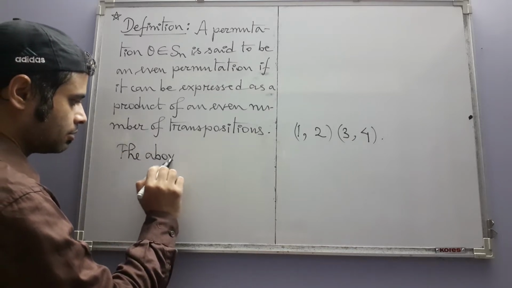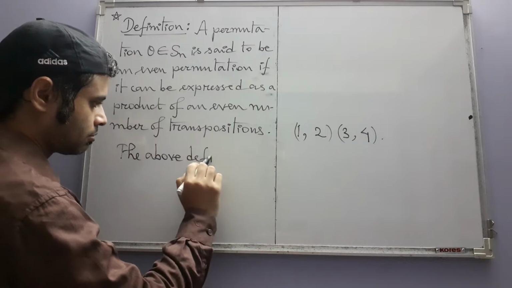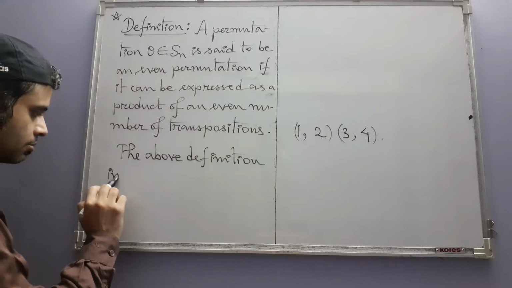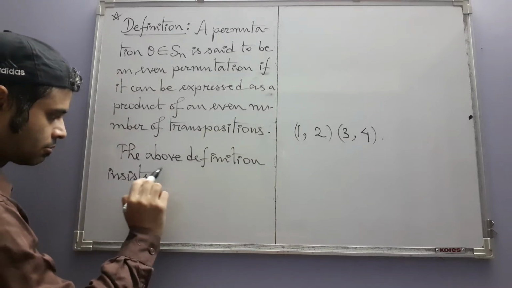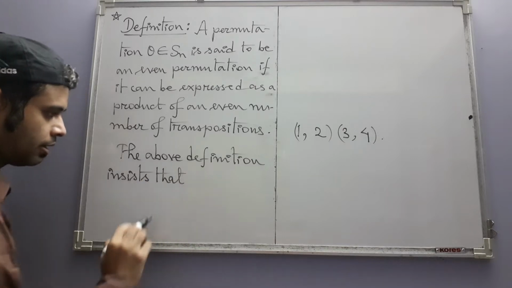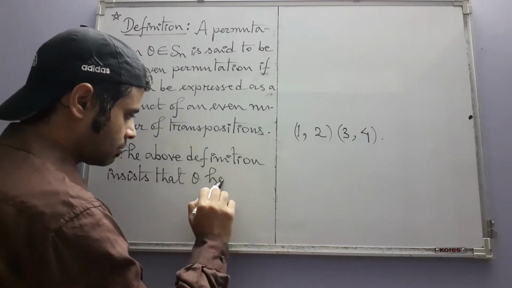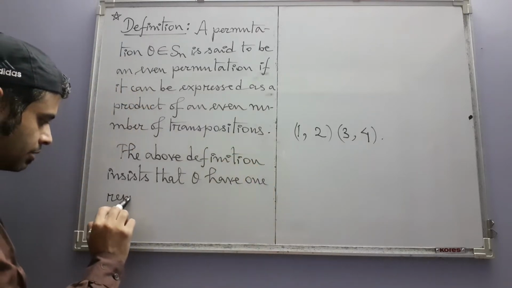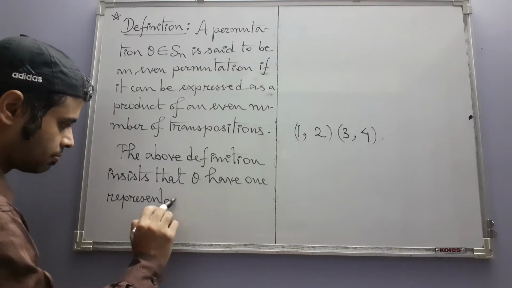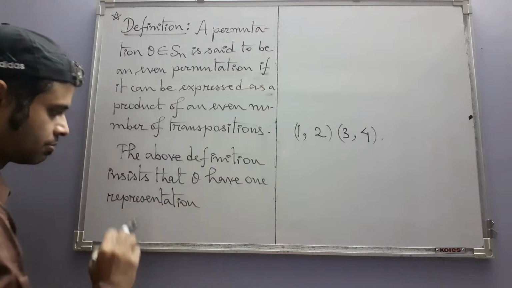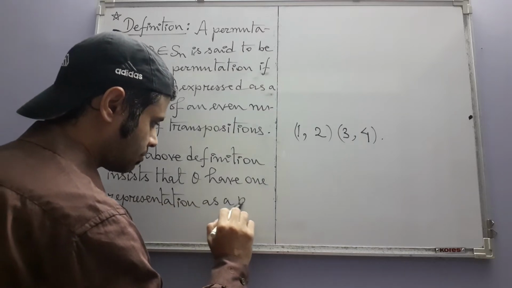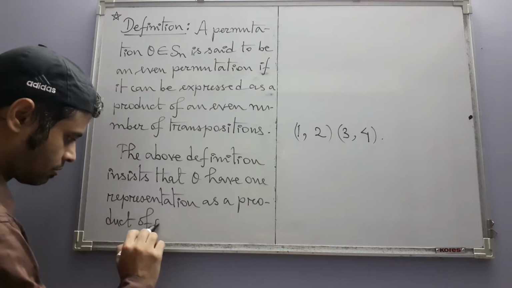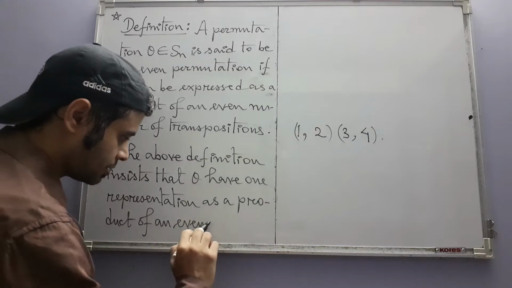Now, the above definition insists that theta have one representation, at least one representation as a product of an even number of transpositions.